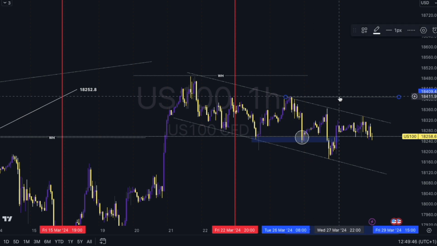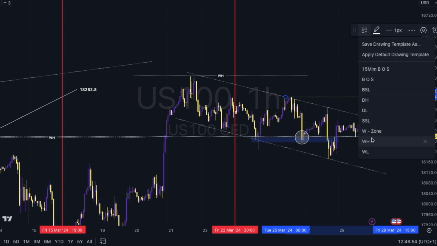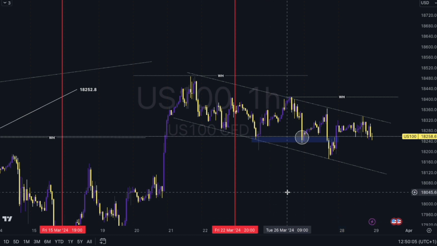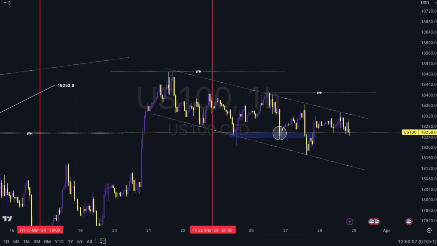So getting back to what I was saying, basically this weekly high is going to be the new target for the week. Let me just get this stuff out of the way. Weekly high, and then we have the weekly low down here.